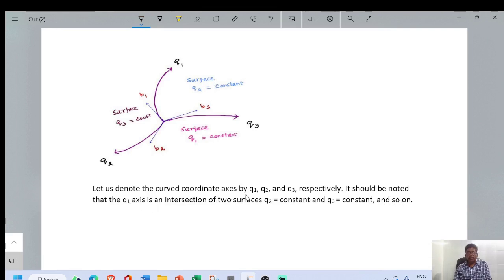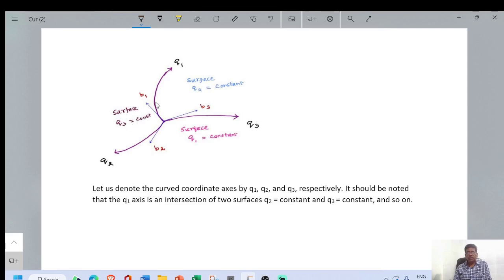See here, q1, q2 and q3 are three curved coordinates. The q1 axis is an intersection of two surfaces, q2 equal to constant and q3 equal to constant.